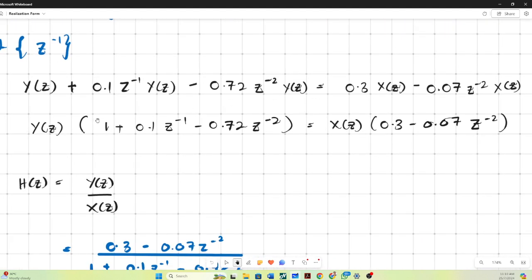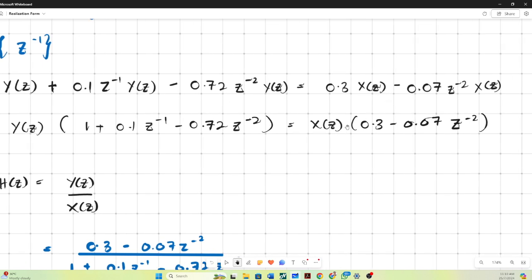Right, I group it and take out the Y(z), so it becomes Y(z) times the bracket 1 + 0.1 z^-1 - 0.72 z^-2. And we also take out the X(z), so it becomes the bracket 0.3 - 0.07 z^-2.